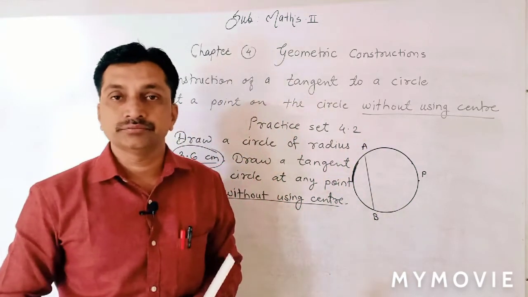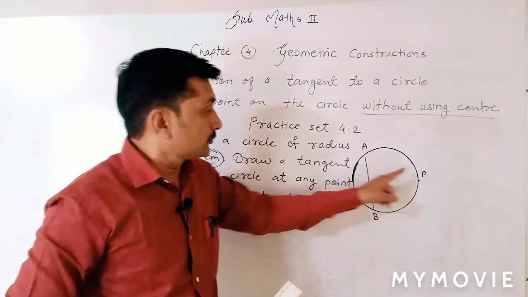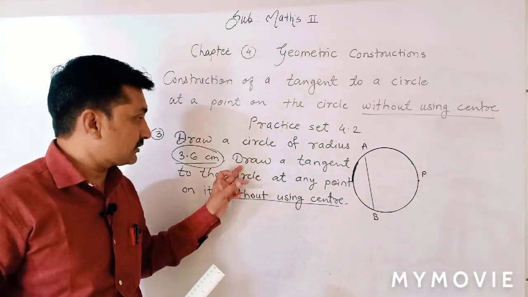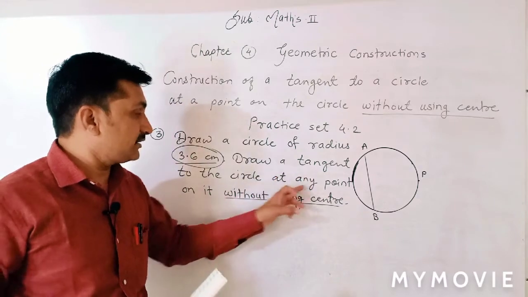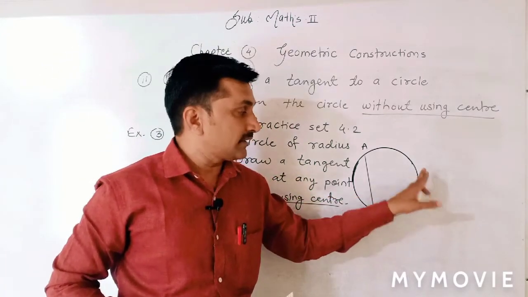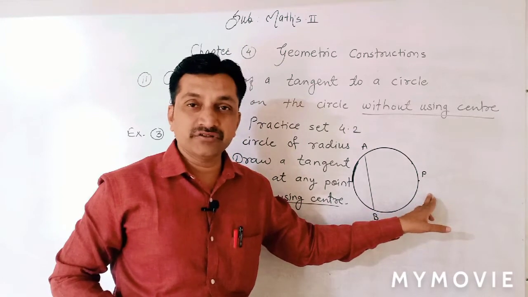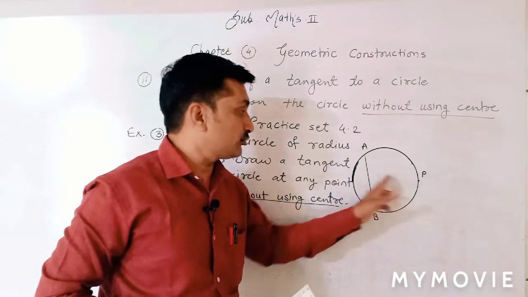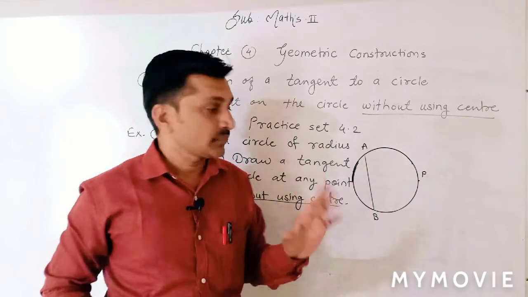AB is a chord. Point P, as said in the example, is any point on the circle, therefore we took point P, and since we don't have to use the center, we want a chord compulsorily.